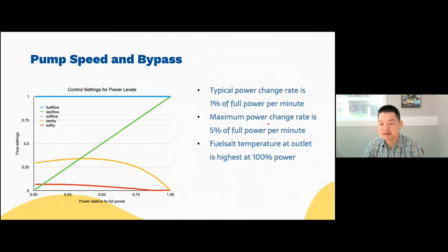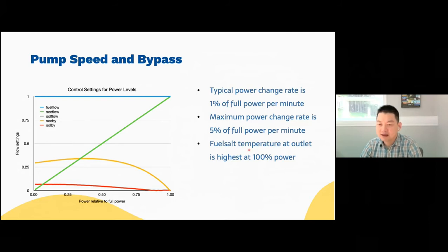But there's a maximum power change rate, which is 5% per minute. If you do that, it only takes one fifth of the time of the typical mode. But usually we want to keep the power change rate as low as possible unless it's necessary.